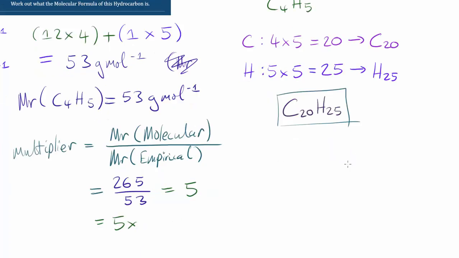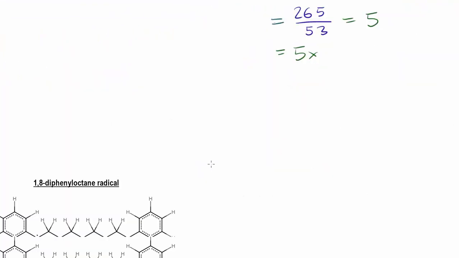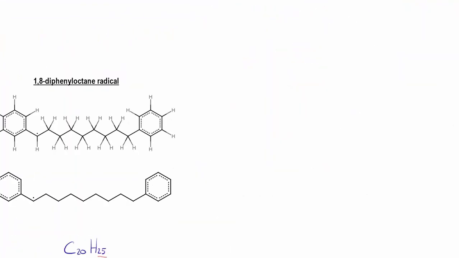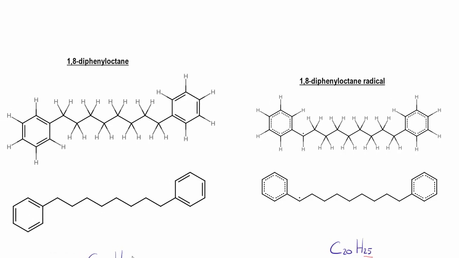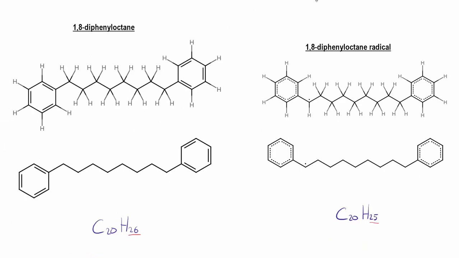C20H25. Now, this molecular formula actually has some molecules which have quite a similar formula to it, and we're going to explore that briefly, just as a bit of an extension to this. If we take a look at these two molecules here, this is 1,8 diphenyl octane.